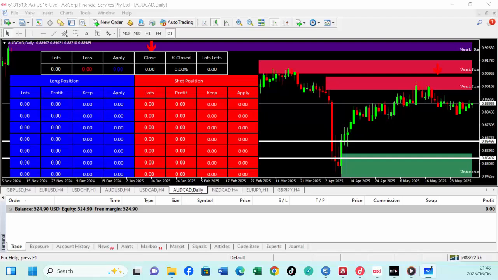Maybe it could be 590, it could be 595. In that situation, the equity is below capital. The person deposited 500, and the balance is in loss, not profit.